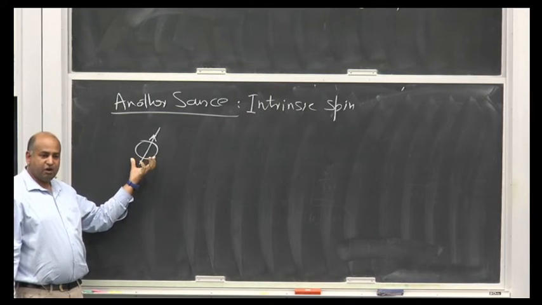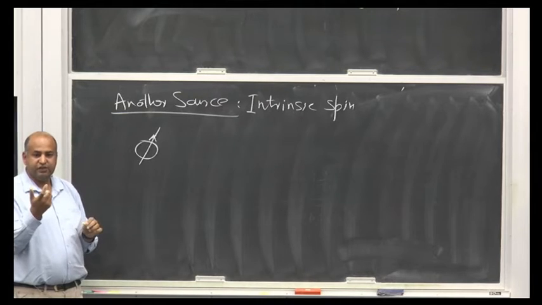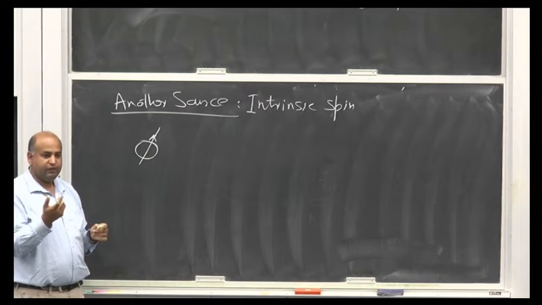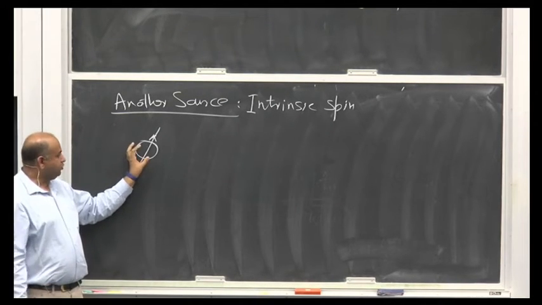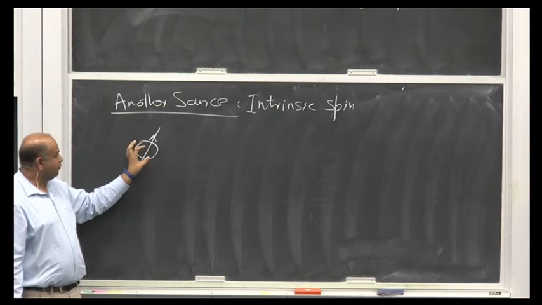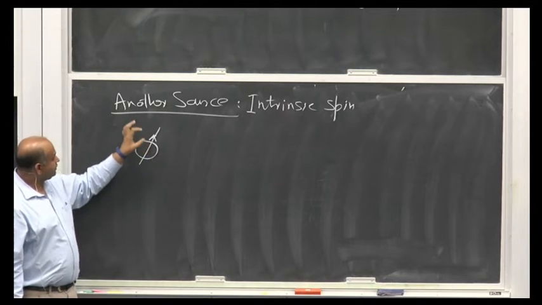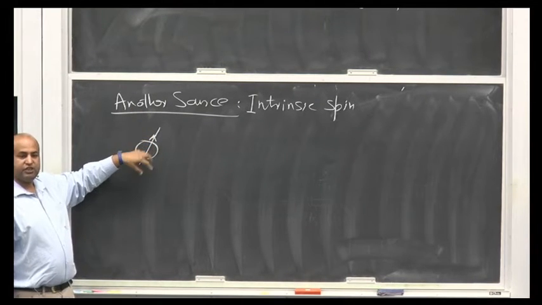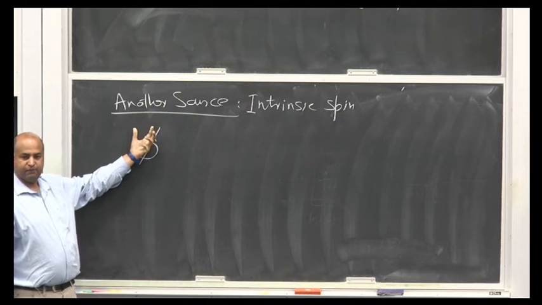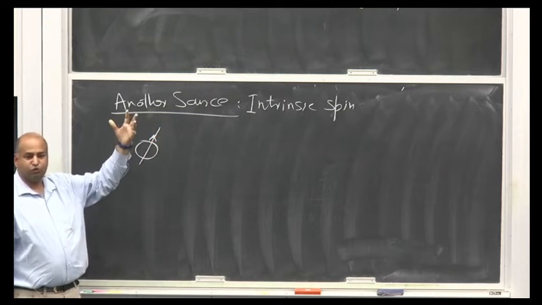If you want to imagine a wrong picture in your mind, you can think of this electron as a spinning top. And if you want to develop the correct picture, you can forget about what the electron looks like and simply think of the spin as a property of the electron, just like you think of charge. You say the electron has a negative 1.6 times 10 to the minus 19 coulomb charge.